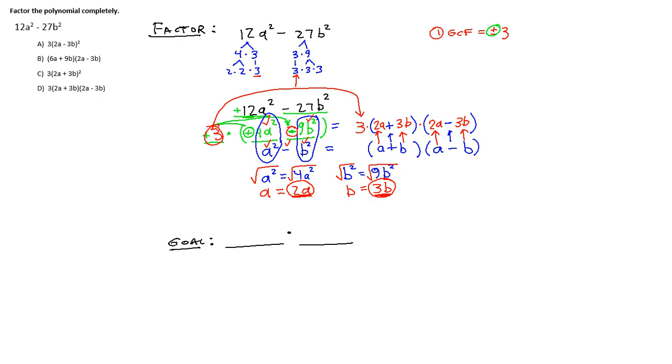Now let's verify which of the answer selections would match what we obtained as our correct factors. Okay, we're looking for a factor of 3. Are we able to find a factor of 3 in any of the answers?